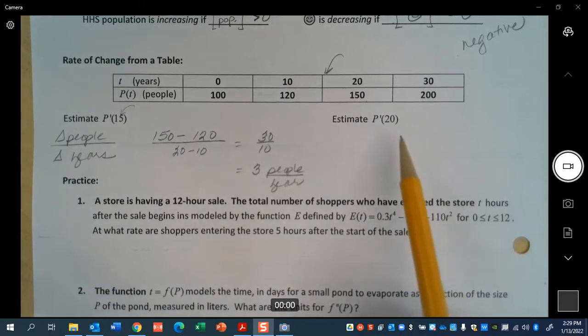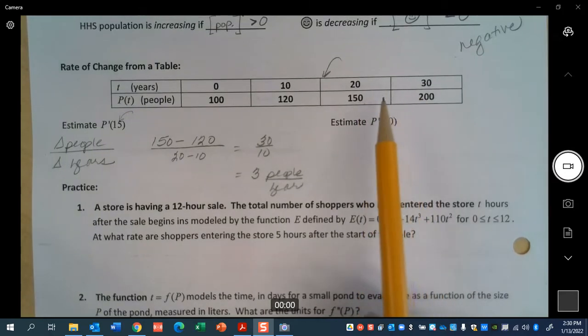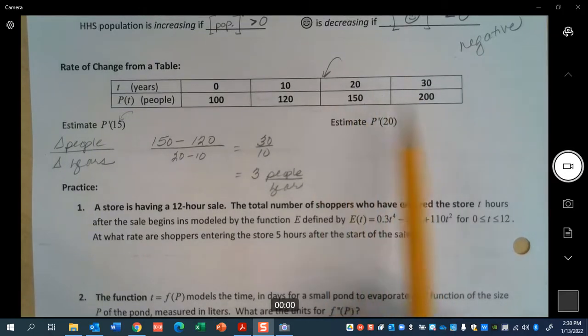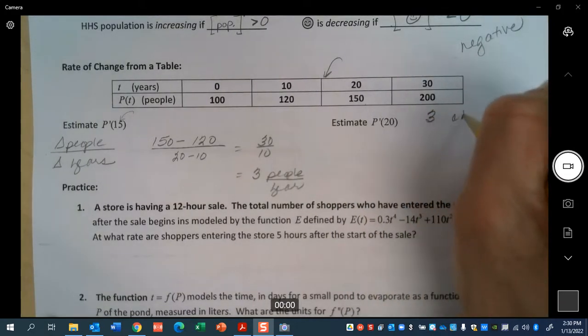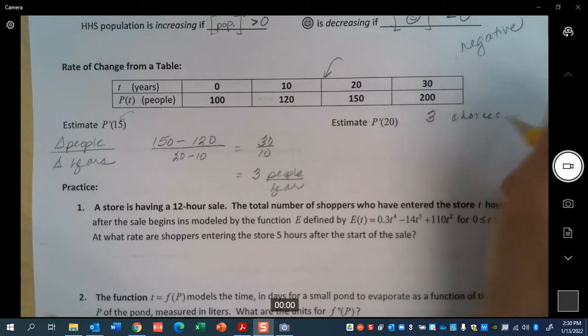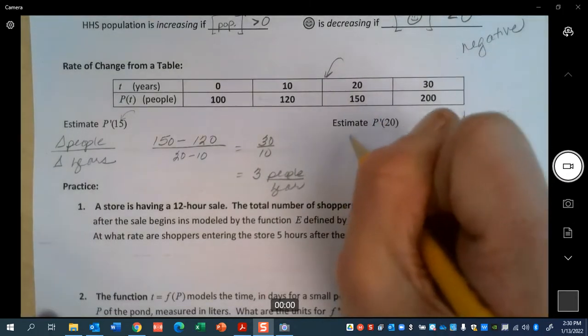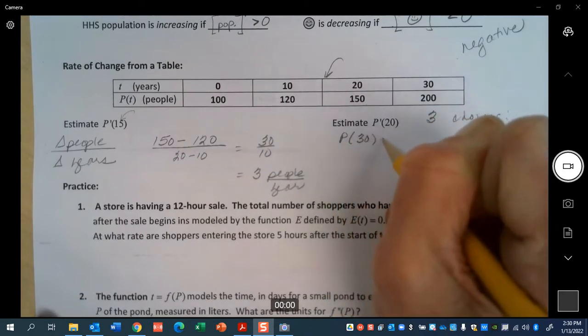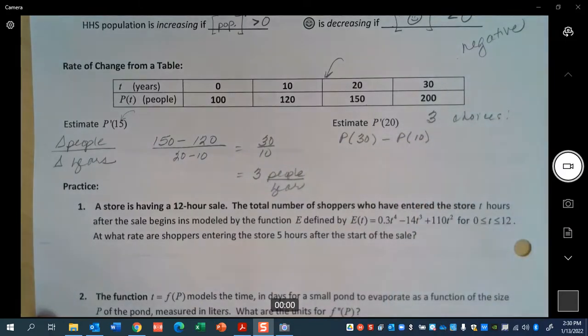Now when I have P of 20, I have to make a story about what's going to happen on either end. So you actually have 3 choices of how you could do this one. You could estimate 30 and find the average between 30 and 10.